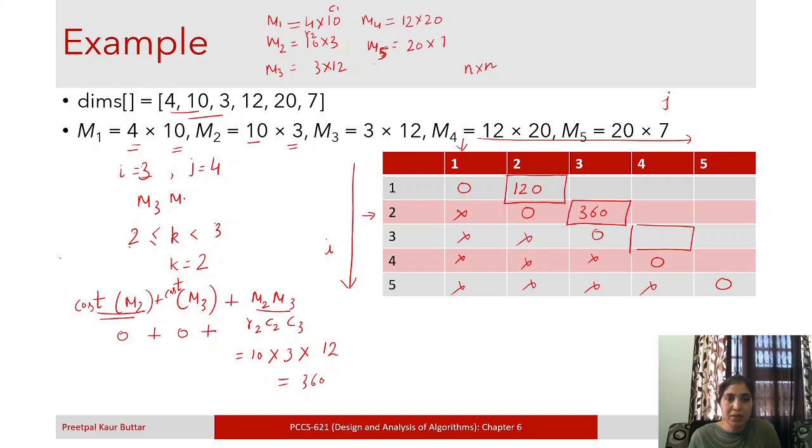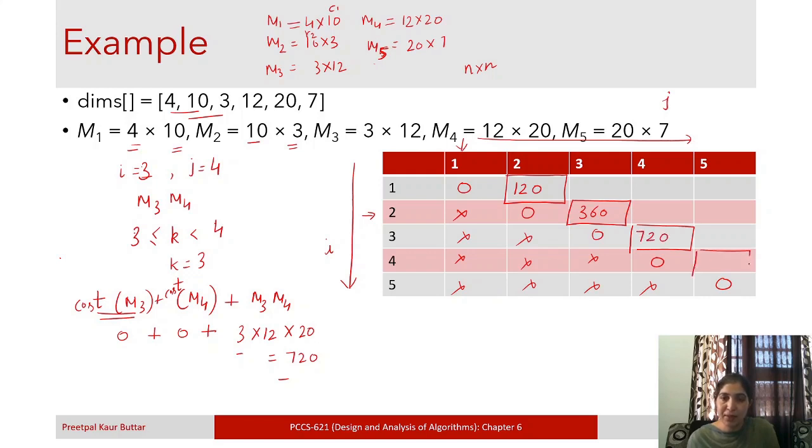So it is M3 into M4. k can be 3. The two subproblems we have here are M3 and M4. The cost of M3 is 0, the cost of M4 is 0, and the cost of multiplying M3 and M4 is 3 into 12 into 20. What is it? It is 720. So we fill it here.